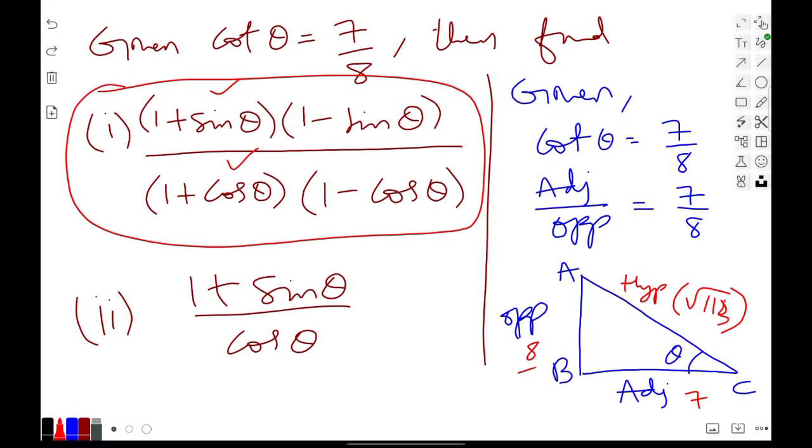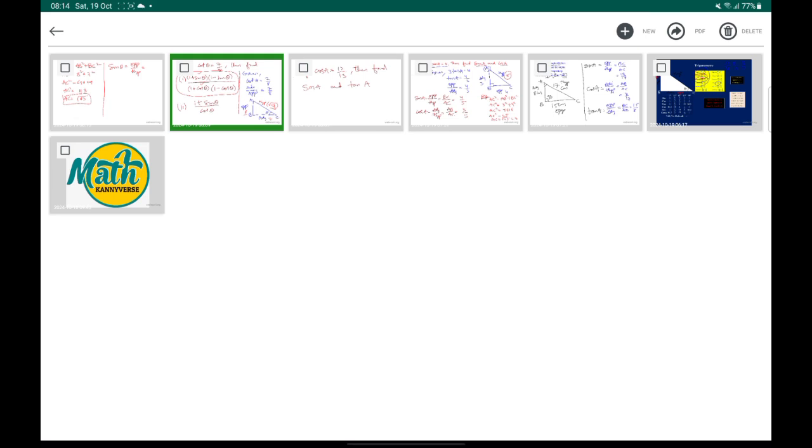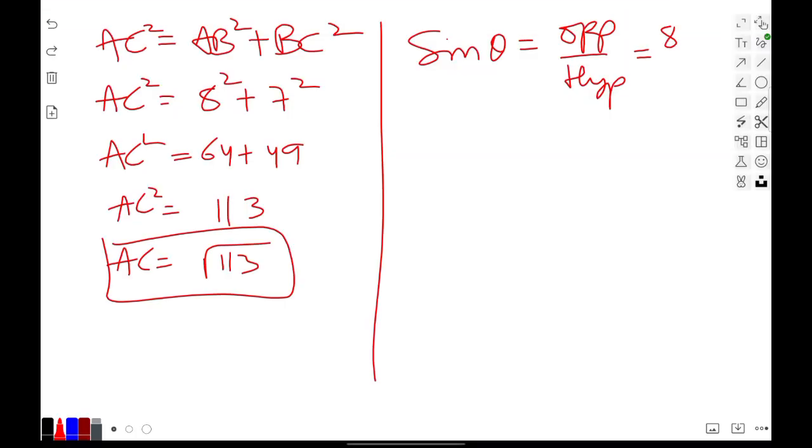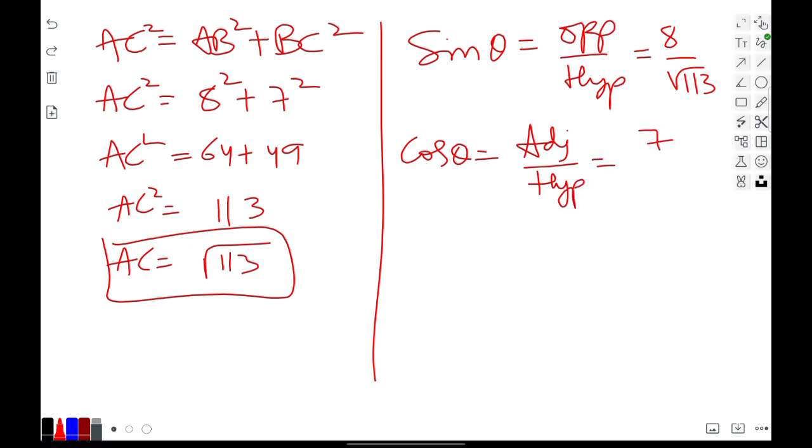Here the opposite side is 8 and the hypotenuse is root 113, so it is 8 by root 113. Similarly, cos theta is equal to adjacent by hypotenuse. From the diagram, adjacent is 7 and hypotenuse is root 113.